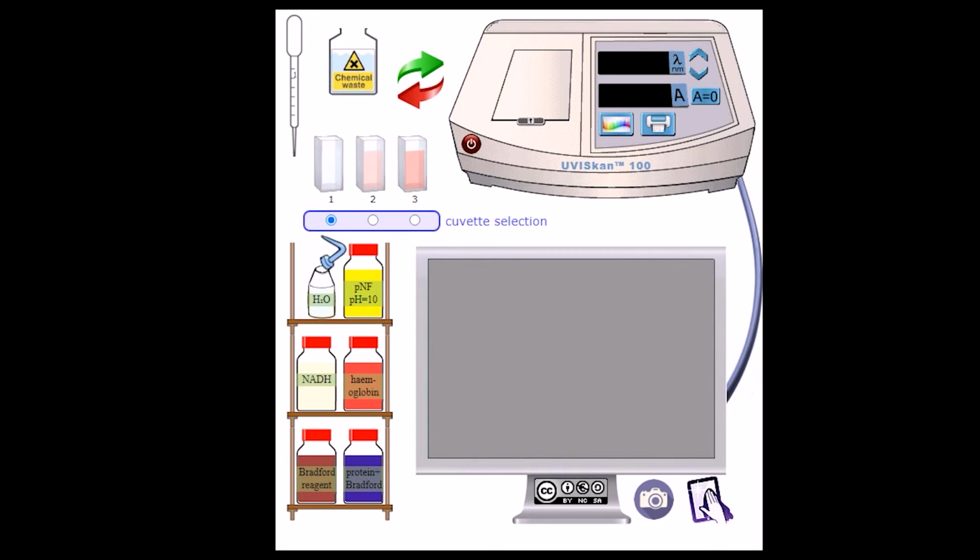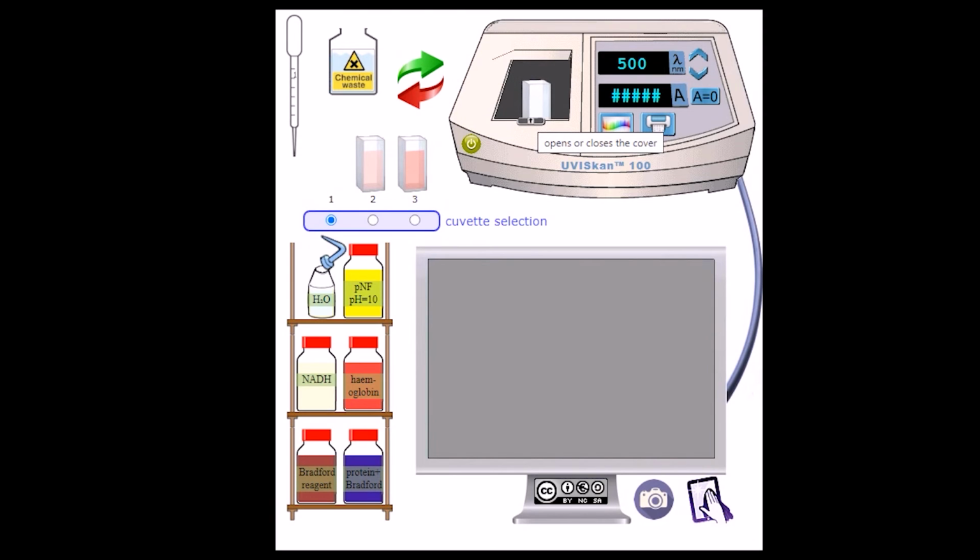The second cuvette is going to have only 1 milliliter of hemoglobin and 2 milliliters of water. And the third one is the most concentrated, because it has 2 milliliters of hemoglobin and 1 milliliter of water.